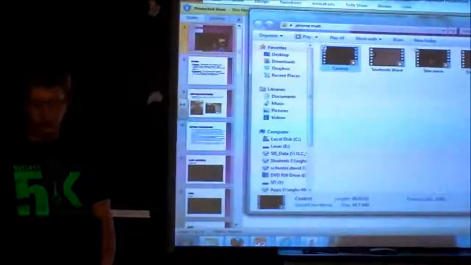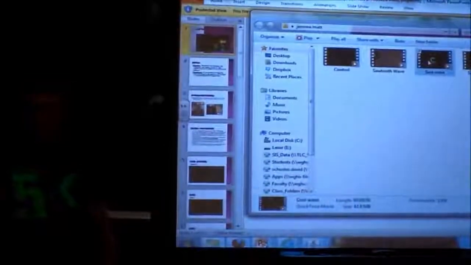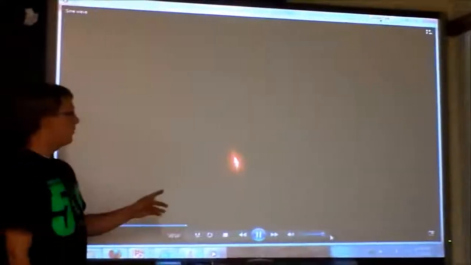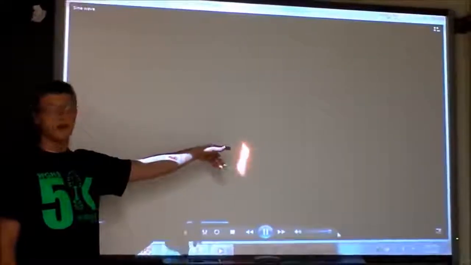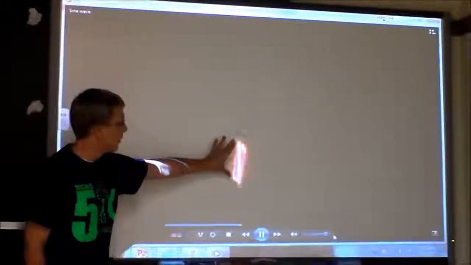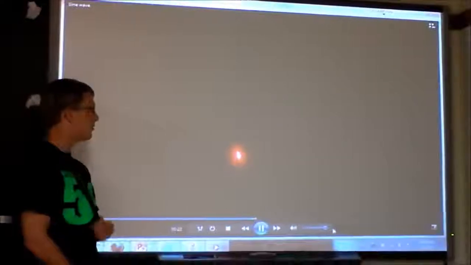So you can see we were finding different patterns. And so now I'll play the sine wave. And these got really interesting as we went on. What we did is we measured the displacement, so we used video analysis and we would measure the x displacement of it.